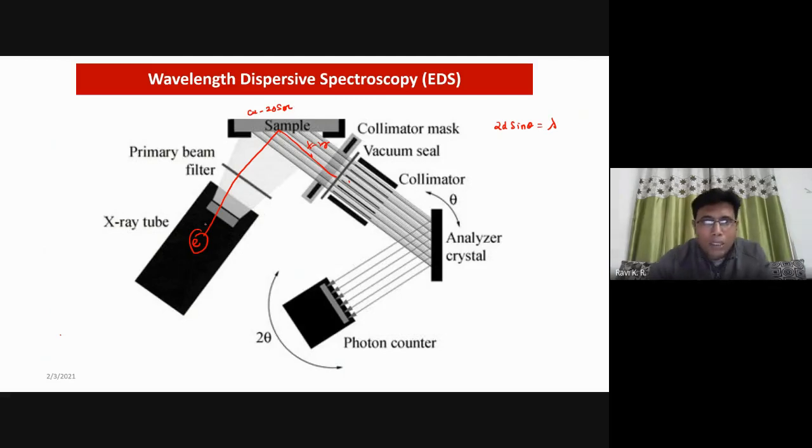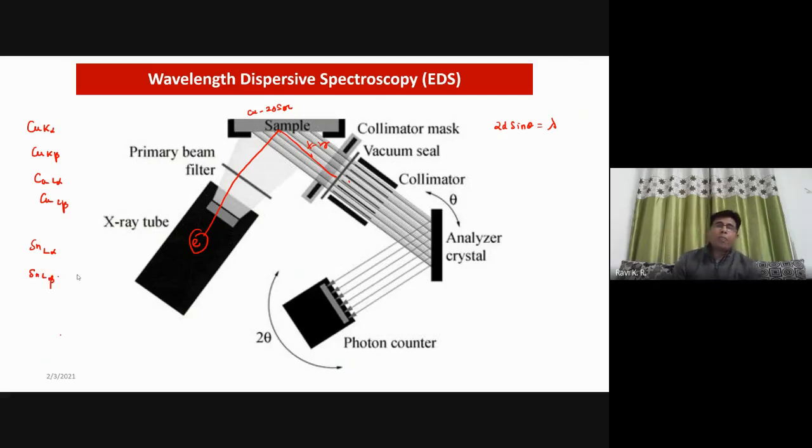If I pass an electron beam into this sample, copper K alpha is possible, copper K beta is possible, copper L alpha, I do not know the atomic number, I am just saying, L beta may be possible. Then for tin, K alpha may not be possible, L alpha is possible, L beta is possible.